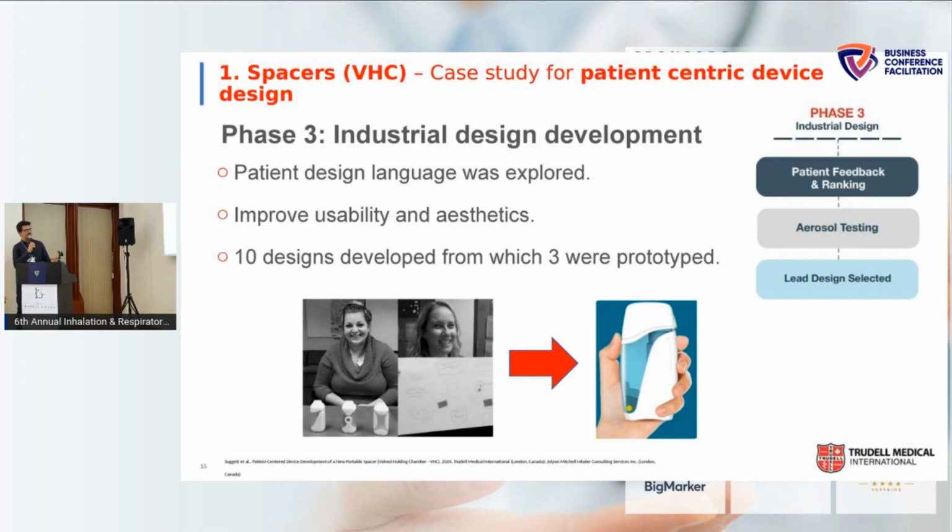So here you have an image of the 3 different prototypes and the draft of the designs based on the patient feedback. And this was the final one that was selected, as you can see. So this is a spacer that also works as a case. You can see the MDI is inside the spacer. So this is the 2-in-1 prototype that the patients were looking for.